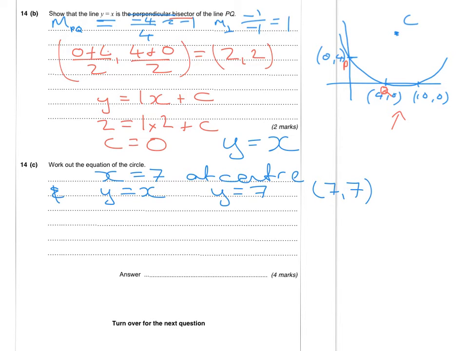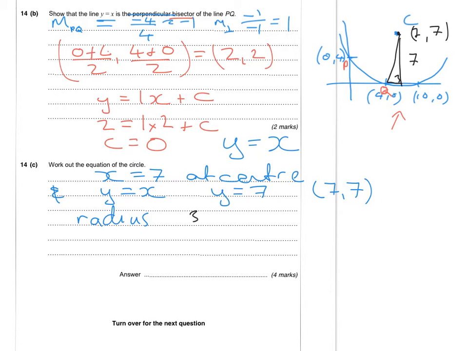We need to know the radius. Using Pythagoras, it is 7 up and 3 across.